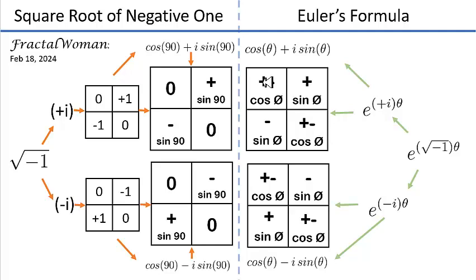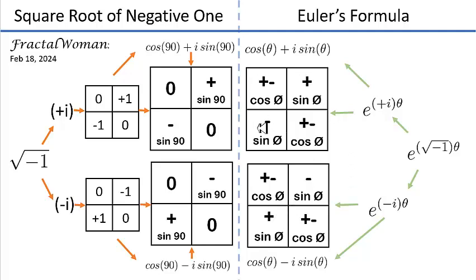So if the upper left is positive, the lower right is positive, and if the upper left is negative, then the lower right is negative. And we'll talk about this in the next slide. I'll give you more details on this. And on the backward diagonal, you have the sine of theta, where if it's positive here, it's negative here, and if it's negative here, it's positive here.